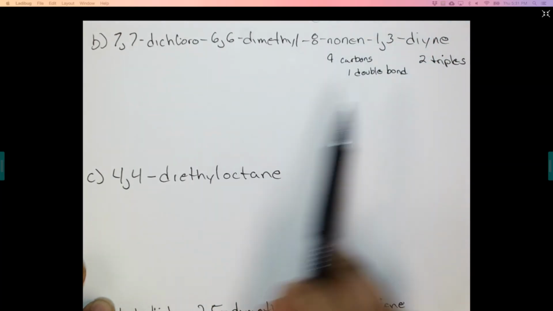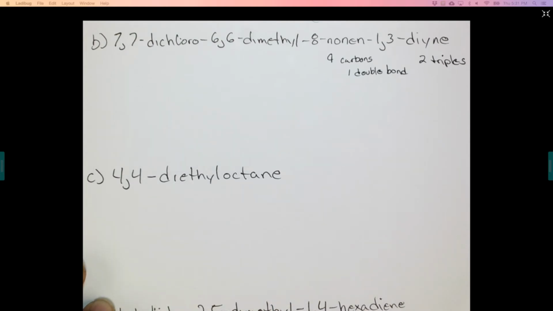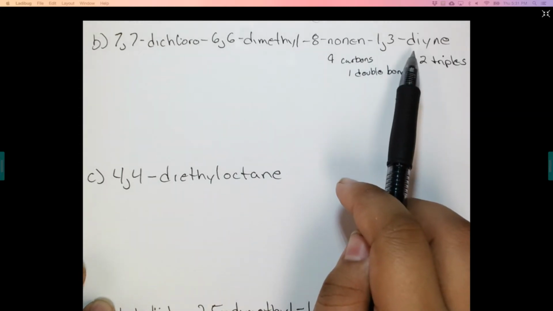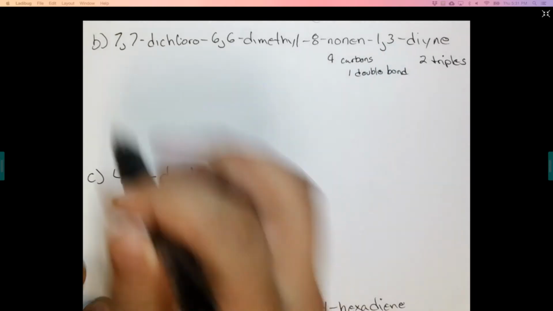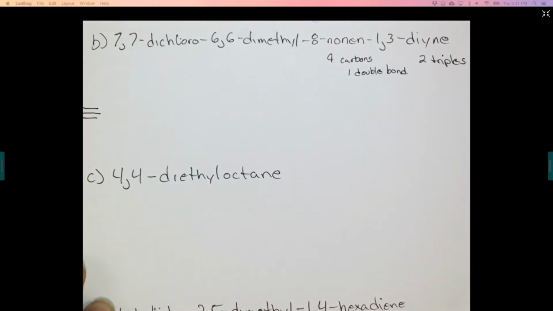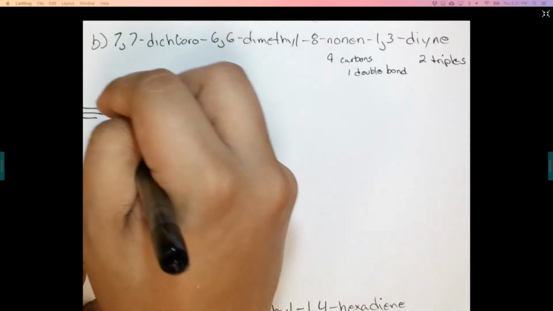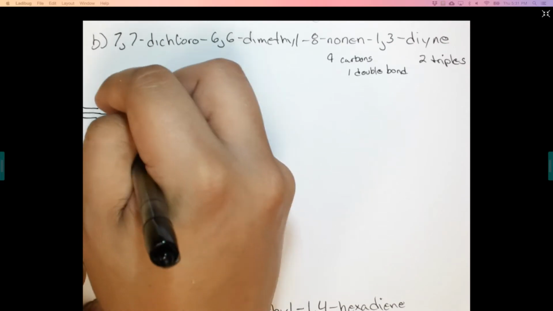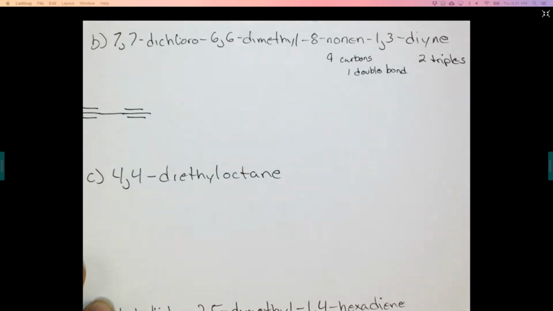Because of that, we have to take into consideration the overall structure. We know that the triple bonds are at the beginning, 1 and 3, so we can take care of those first.